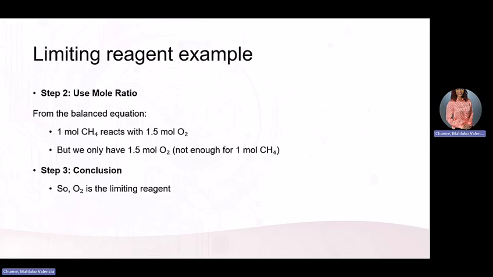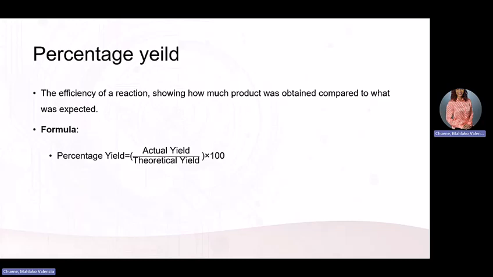All right. Now we're still going to use this very same example when we now talk about percentage yield. All right. So what percentage yield is? It is the efficiency of a reaction showing how much product has been obtained to what was expected. All right.